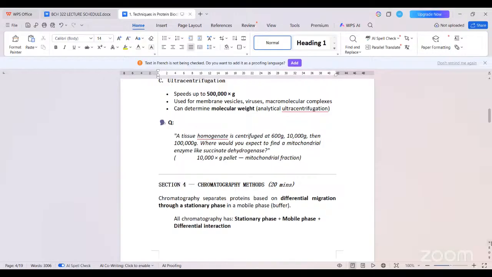The sample of interest is run through the column, and you set the column in a way that the sample of interest is trapped within the column, and all the ones that you're not interested in are eluted, run out, so that at the end of the day you can now remove your sample of interest from the column that was set up. So chromatography separates based on differential migration through a stationary phase in a mobile phase.